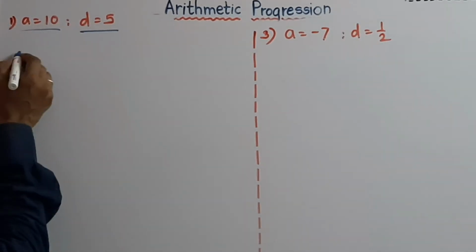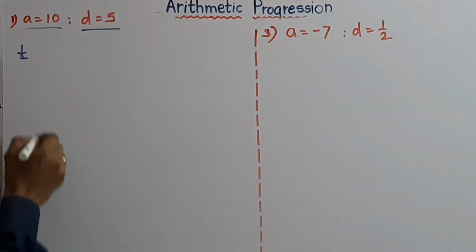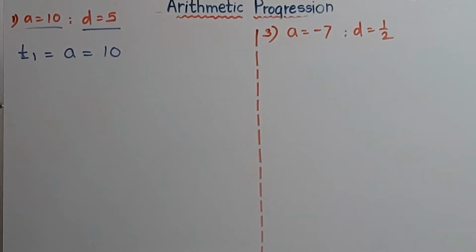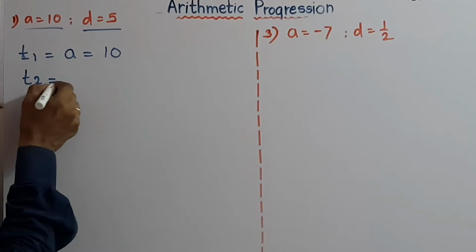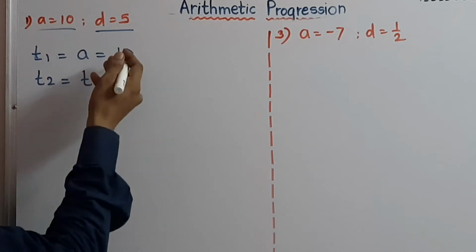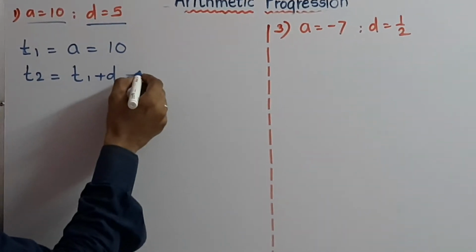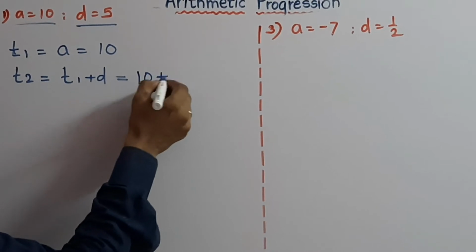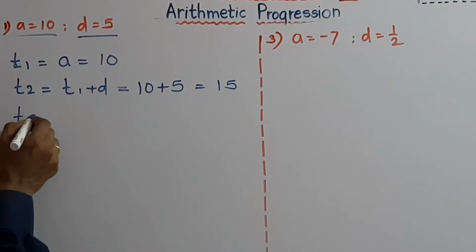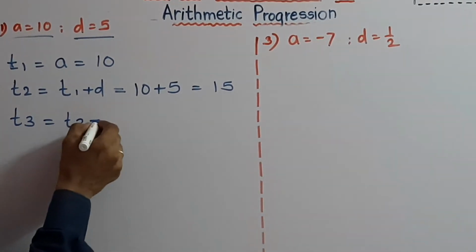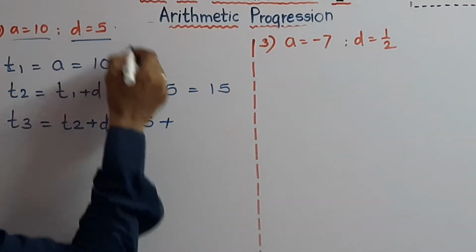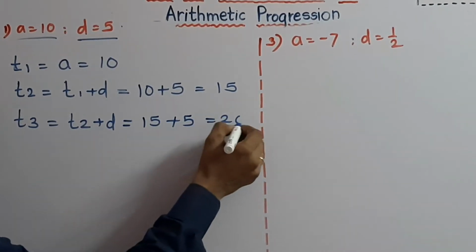For that purpose, first of all we have to find out the first term. T1 is equal to A is equal to 10. It is the first term, already it is given. Now we have to find out T2. Now T2 means T1 plus D. That means in the previous term we have to add the common difference. Now T1 is 10 and common difference is 5. Therefore 10 plus 5 is 15. Now T3 is equal to T2 plus D. Now T2 is 15 and common difference is 5. 15 plus 5 is 20.